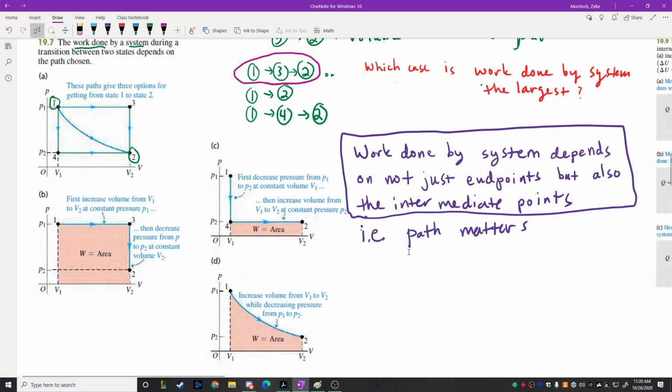You're compressing it like this, or you're compressing it this way. By compressing it, you're reducing its volume, and then you let it expand. So let's think about just this process here, because I think this one we can visualize pretty well. In going from 1 to 4, you're decreasing pressure, right?